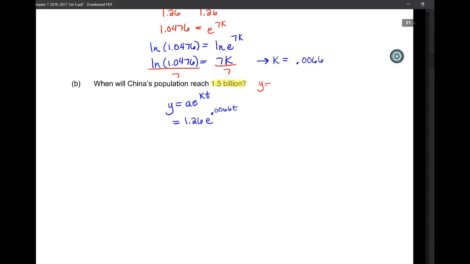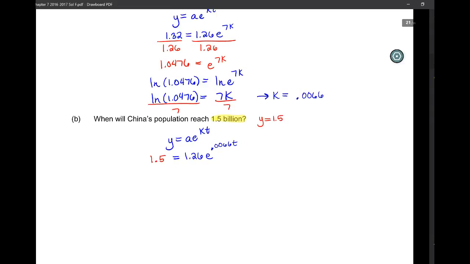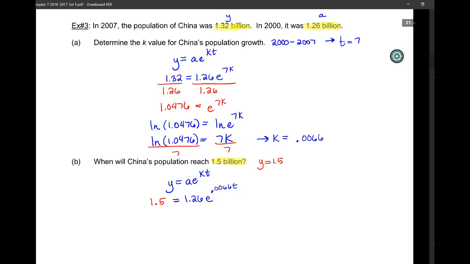Can you use the most recent population number? You can, actually. Because you started when it was the year 2000, you can actually use the 1.32. You would just need to think, okay, when I solve for t, that's going to be the number of years after 2007.